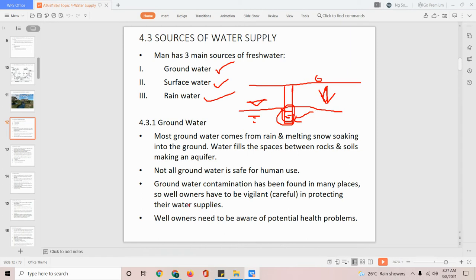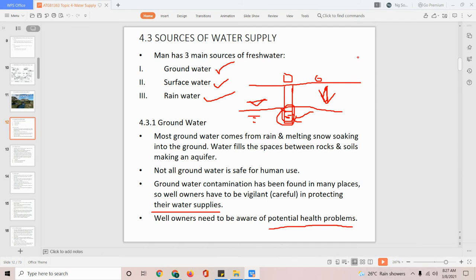So that's why we have to be very careful to protect the water supply, because if we were to get the water from the ground, we will not know where the contamination comes from in an area, because the well is getting the water from all the surrounding area. So when it comes to groundwater, you have to be very careful because of a lot of potential health problems.